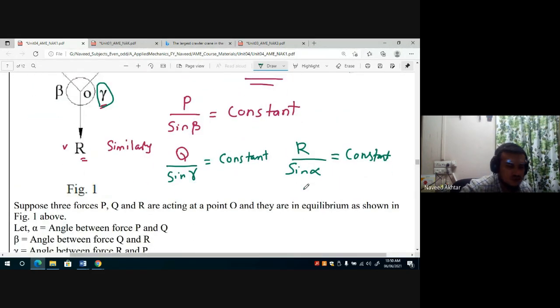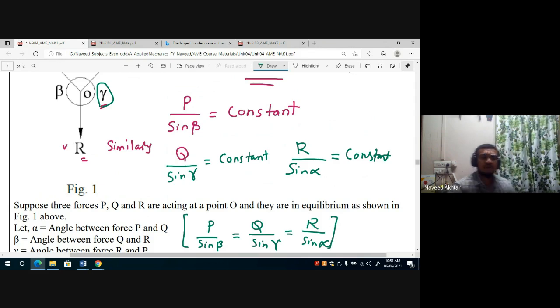This is Lami's theorem: P upon sin beta is equal to Q upon sin gamma and R upon sin alpha. This is nothing but your लामीस थ्योरम.